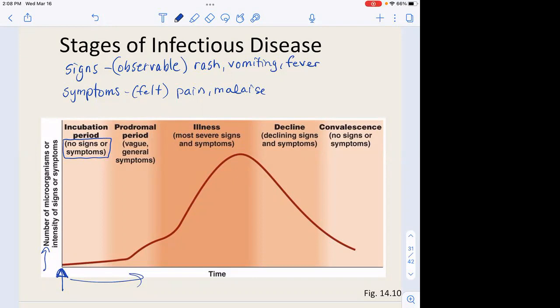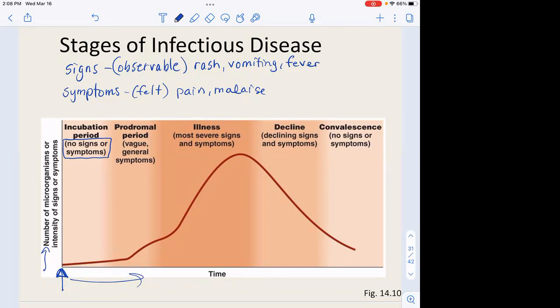The length of each of these periods is quite variable depending on the pathogen. For rabies, the incubation period can be months. For COVID, we think it is somewhere between 2 and 14 days, more like maybe 4 days or so. For the flu, it's more like 1 day. So that can be quite variable.